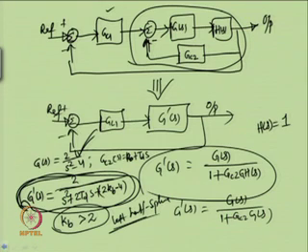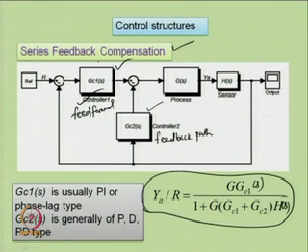And next, the controller GC1 is designed for overall improved performance of the closed loop control system. So, the primary job of GC2(s), the inner controller, is to place the poles of the process at suitable locations in the s plane, and then GC1(s) takes care of the overall performance of the series feedback compensation scheme.